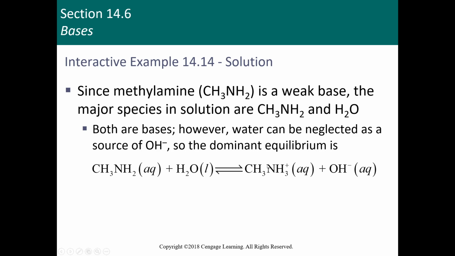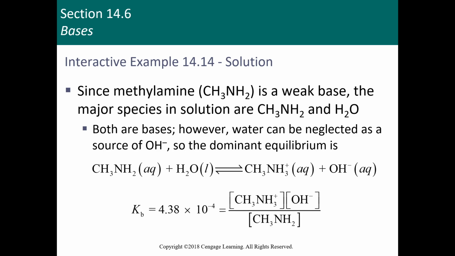What we have to deal with here is the reaction between our base and water. And so we write out that same reaction we looked at before. This time it's just methylamine here. And so we can generate our Kb from this. Again, it is our conjugate acid right here, conjugate base, and our base right there. This right here is the Kb we were given.